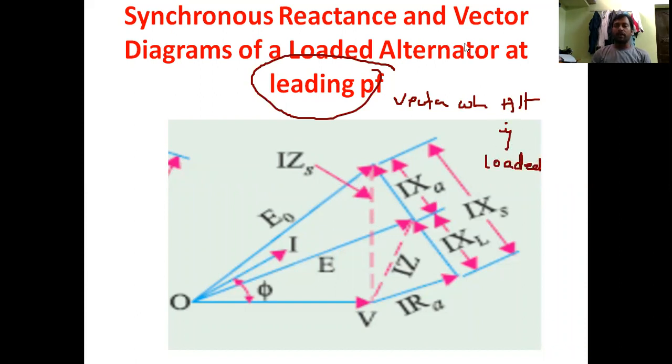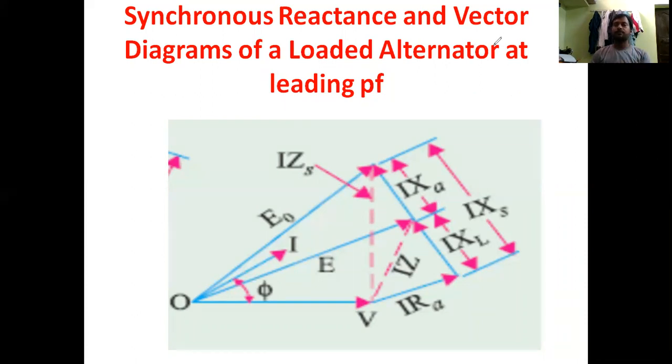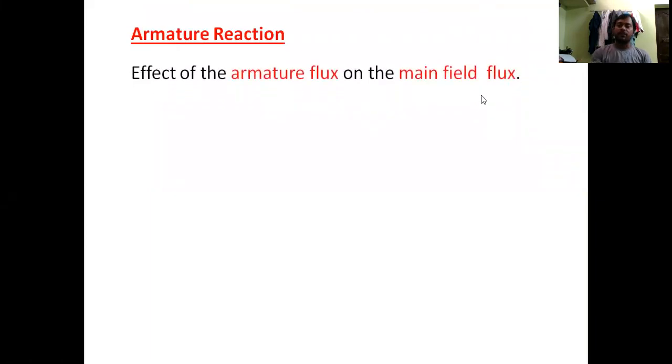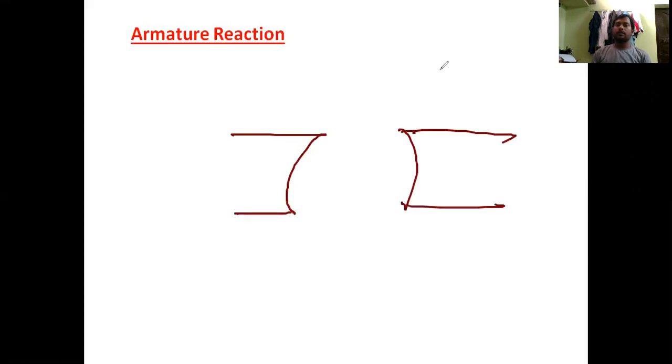That is a loaded alternator. Next one is armature reaction. First of all, what is armature reaction? For that, I want to go back to your previous semester DC machines. For example, this is a north pole and this is a south pole, and flux always passes from north to south like this.